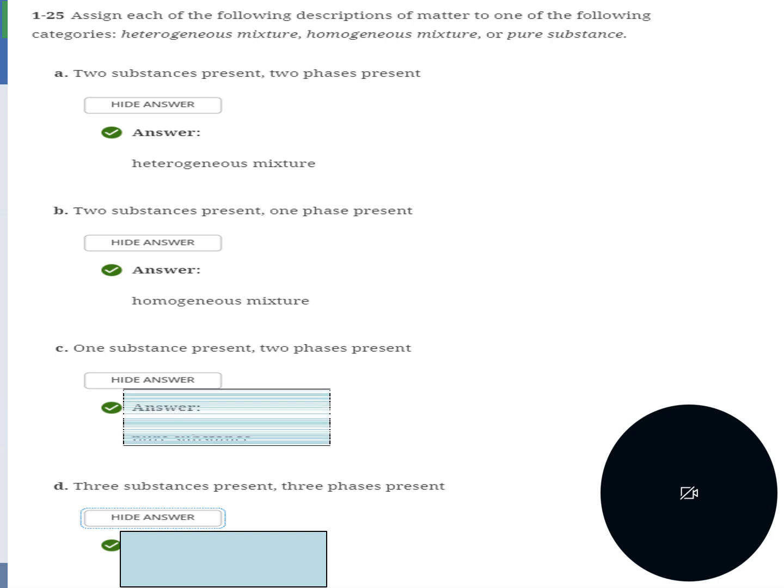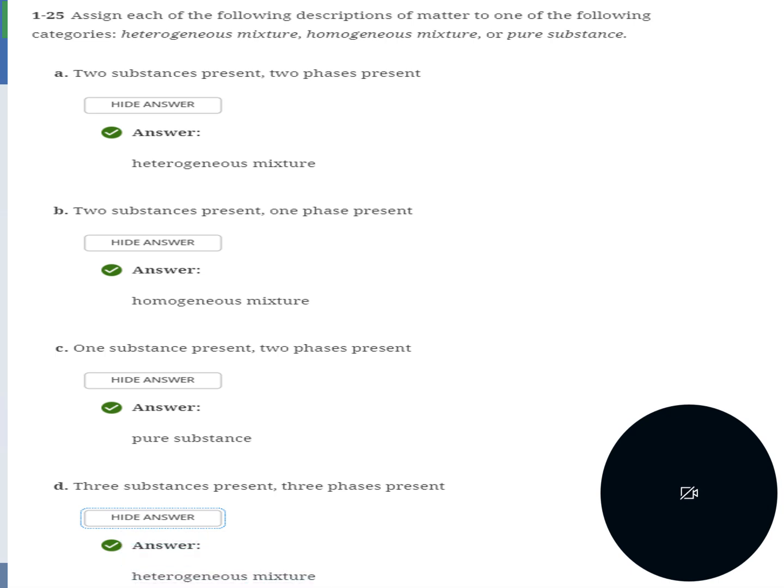That is a mixture, but it's a homogeneous mixture since it's only one phase. Letter C, one substance present, two phases present. For C, we are looking for a pure substance, two phases present to form one substance. For an example, ice and liquid water.